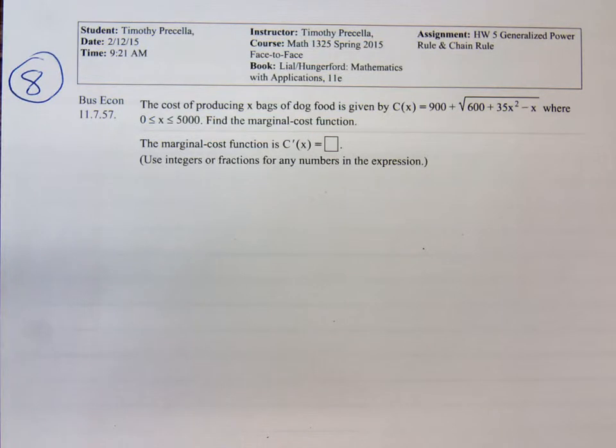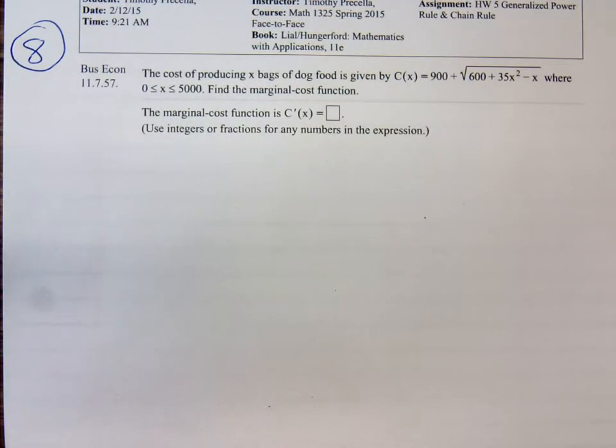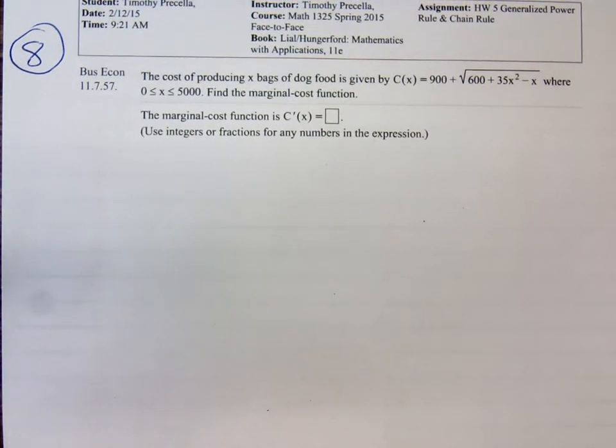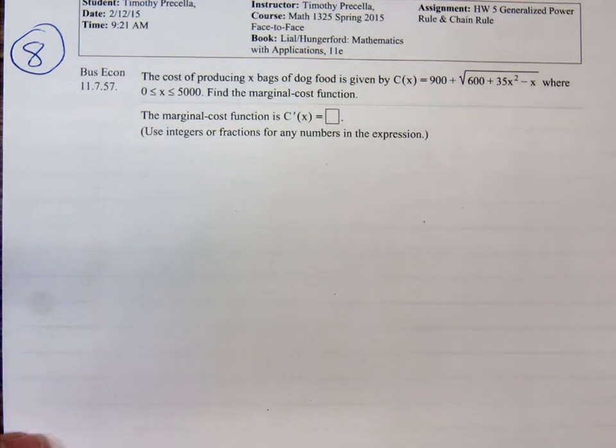Find the marginal cost function. This function only works for X values between 0 and 5,000, and that's fine. They want us to find the marginal cost function. Marginal means we're going to do what? Find the derivative, okay. And at first glance, that function looks awful, but it's really not that bad.